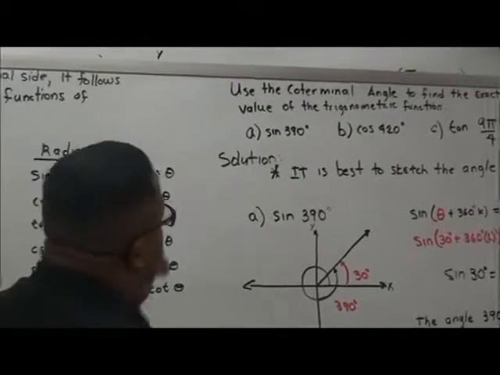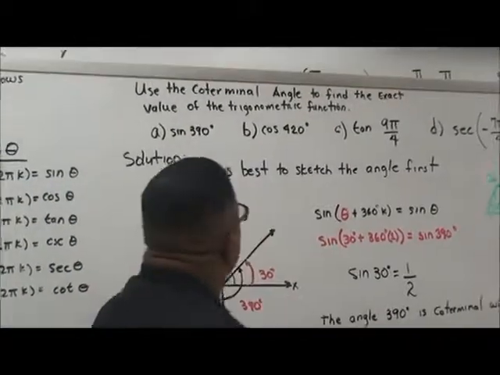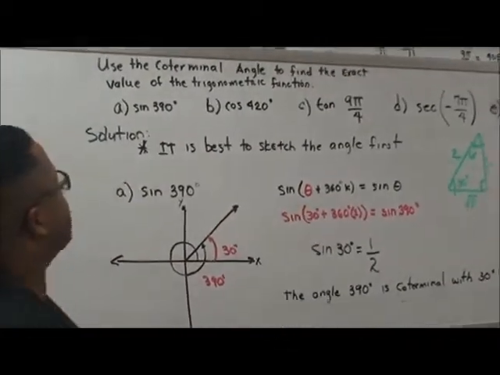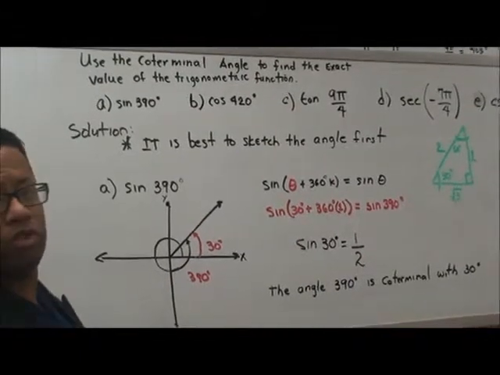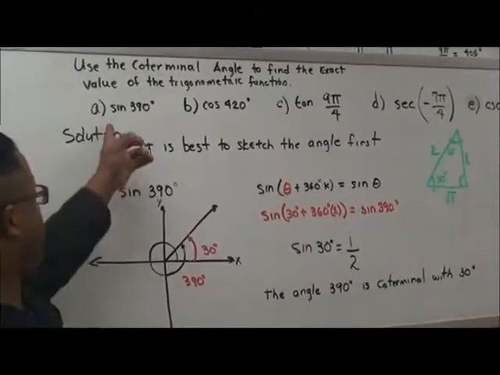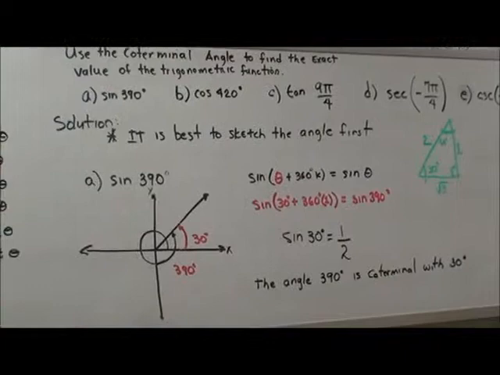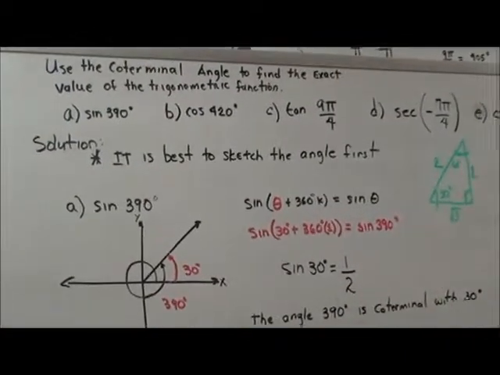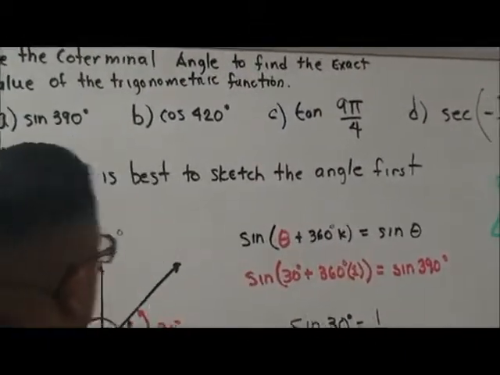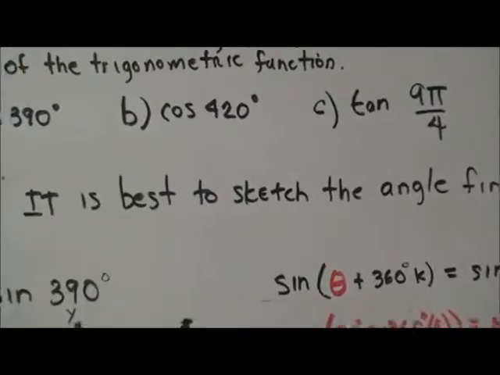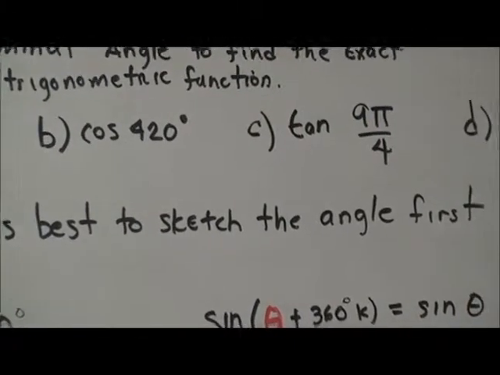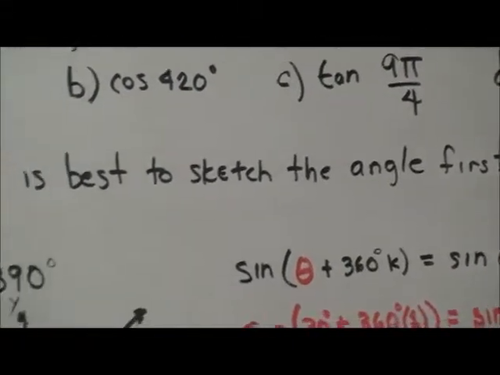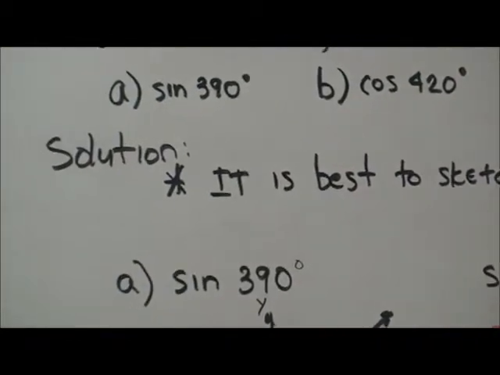If we go to here, let's do a problem. Use the coterminal angles to find the exact value of the trigonometric functions. We have A, sine 390, and B, cosine 420. So let's look at sine of 390 degrees.